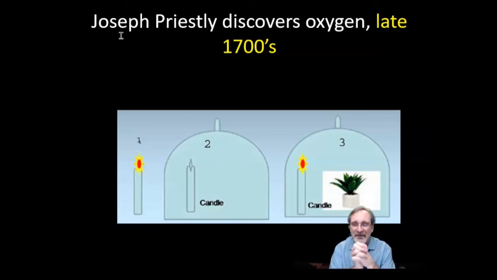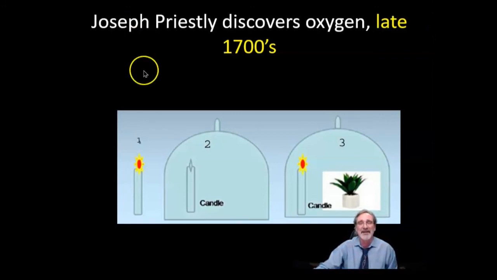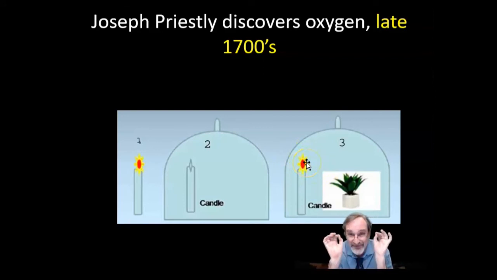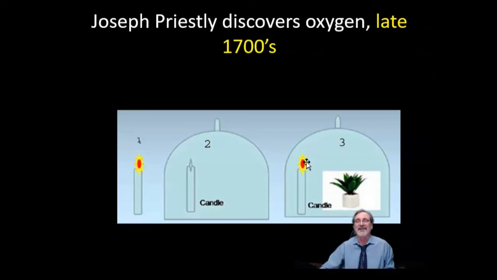And so what he did was an experiment very similar to putting the jar on top of the candle, and the candle would go out. But then he also discovered that plants are producing oxygen by putting a plant in there, and you could reignite that candle again. He also used this very new discovery of electricity to make a spark to light the candle again. Very clever setup he had.